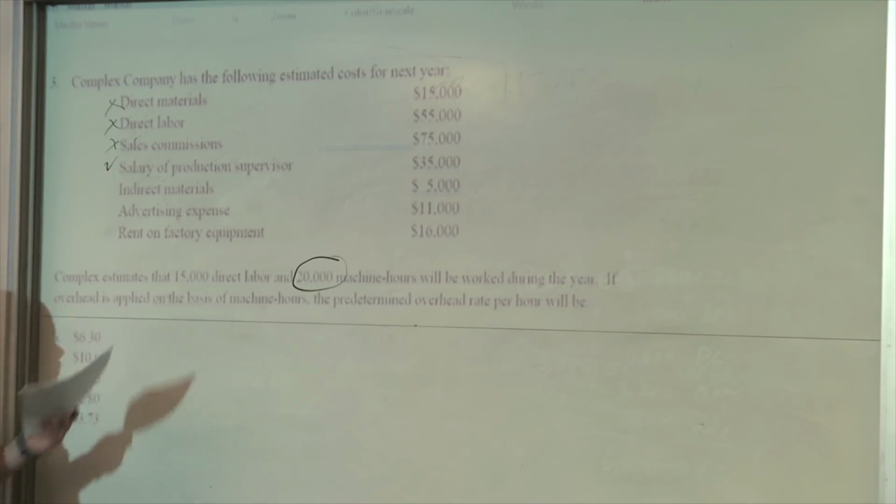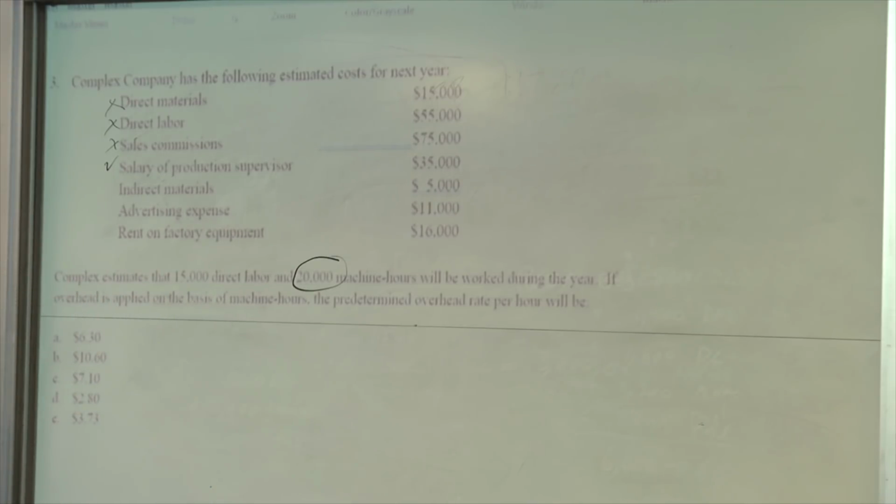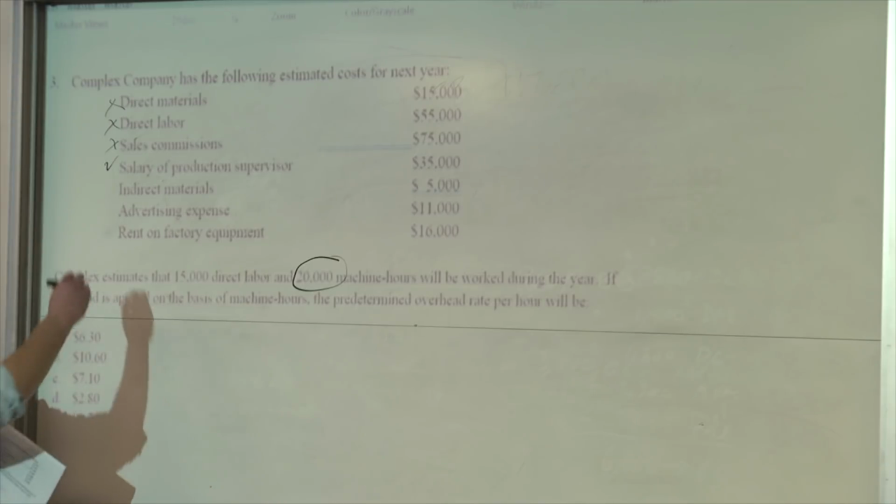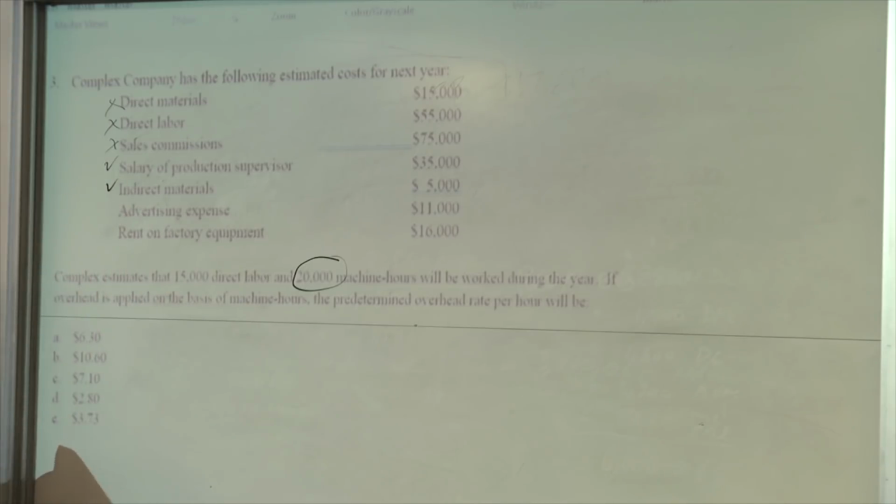Indirect materials is also overhead. We can't trace it to a specific product, so we include it in overhead. Advertising expense is a selling cost, not in there. Rent on factory equipment, yes, is in there. So this is kind of memorization, knowing what goes into your overhead and what doesn't.